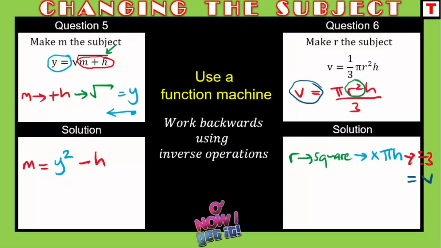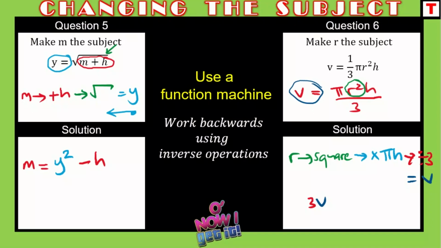So now we're going to be working backwards from v. So let's start with v, and then we're working backwards by doing the inverse of dividing by 3, which is to multiply by 3. So that becomes 3v. V times 3 becomes 3v.